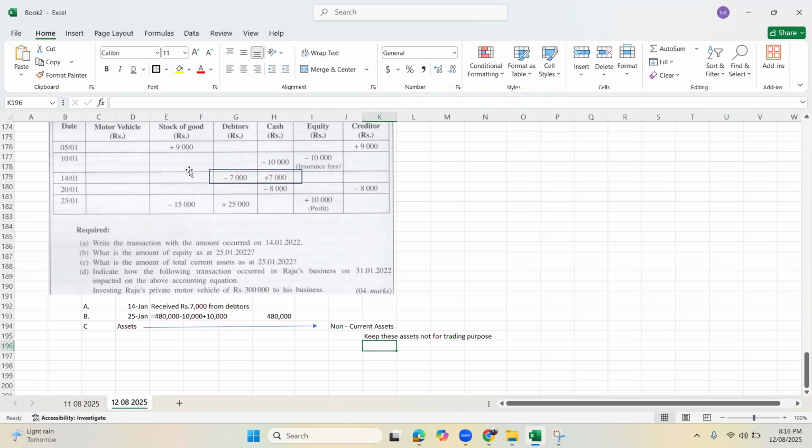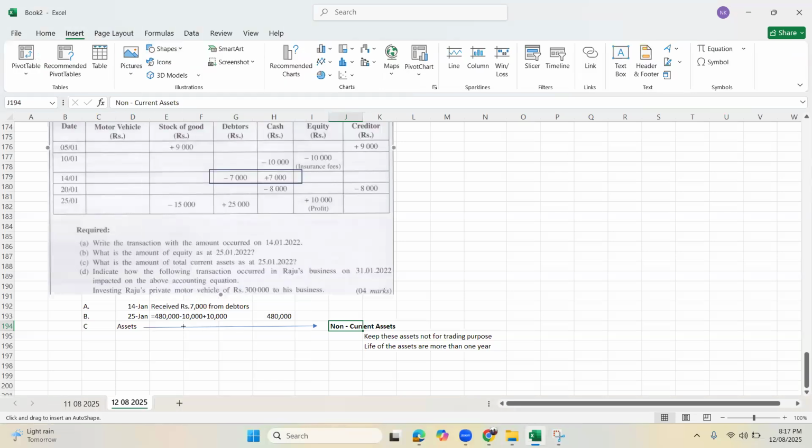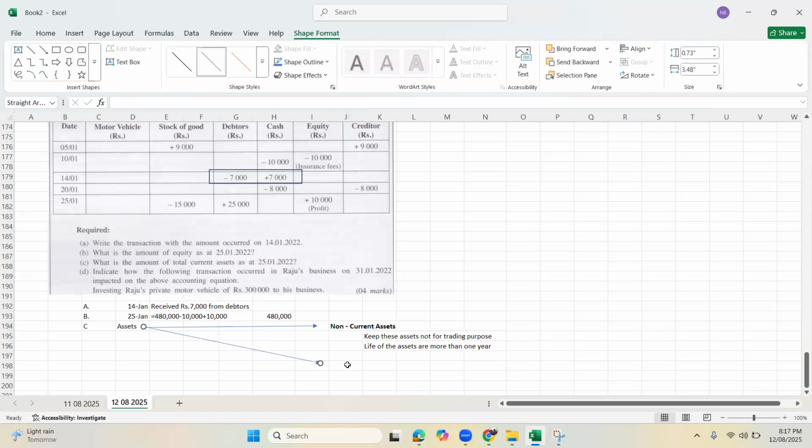Then useful life: the life of the assets is more than 1 year. This is non-current assets. The other one is current assets.